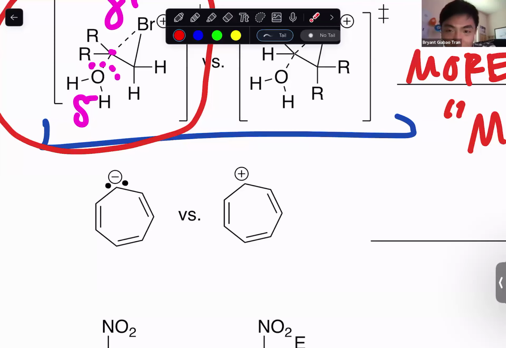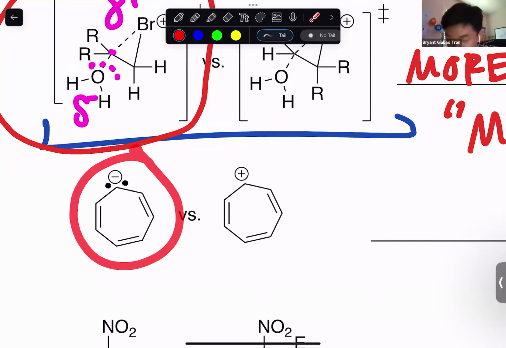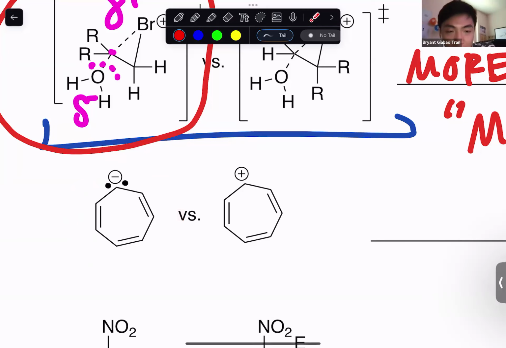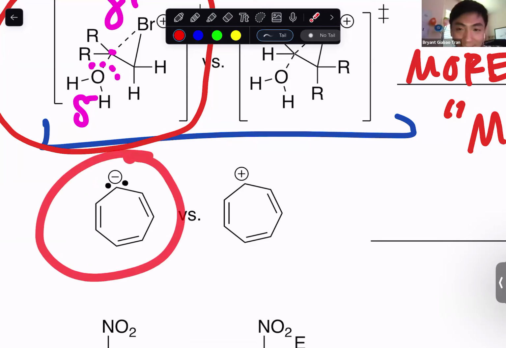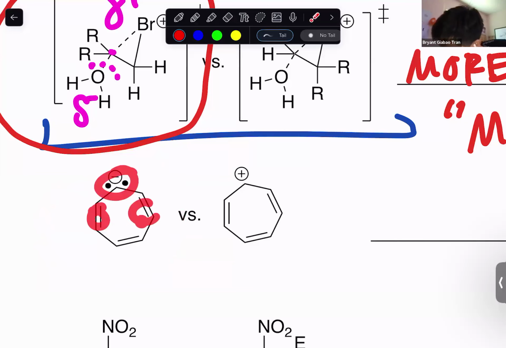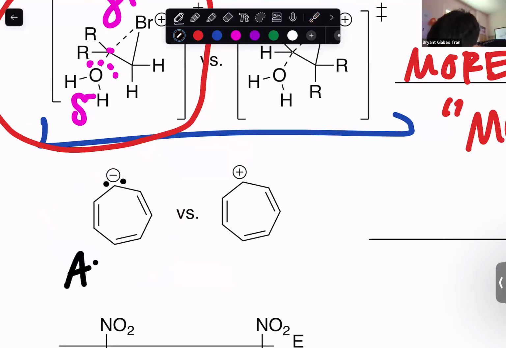If all three conditions are met, how can you tell what's aromatic versus anti-aromatic? Anti would be when you have an even number of pairs of electrons, right? Yep, even pairs of electrons. In this case, how many pairs of electrons are doing resonance here? How many pairs? Four, right? One, two, three, four, an even number of pairs, making that anti-aromatic.